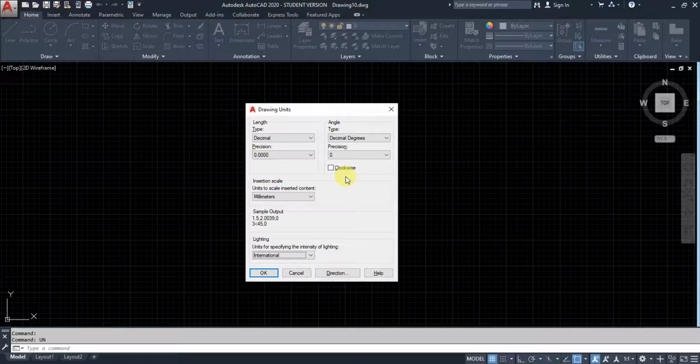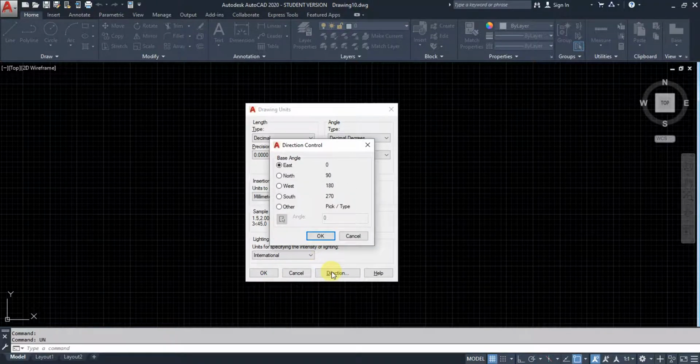Next, about angle: here we can specify clockwise or anti-clockwise. Basically, AutoCAD uses the anti-clockwise direction. For example, in AutoCAD, east is 0 degrees, north is 90 degrees, west is 180 degrees, and south is 270 degrees.